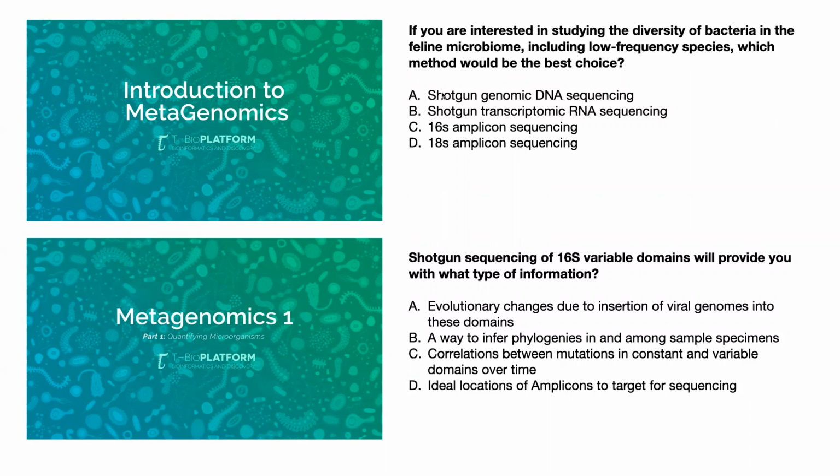But why not some of these others? So 18S, obviously, that's from a different group of species. So this is going to be from mammals, for example. You can look at this 18S ribosomal RNA. But when we talk about bacteria, this is going to be 16S ribosomal RNA.